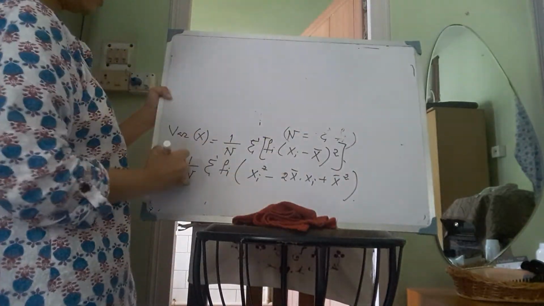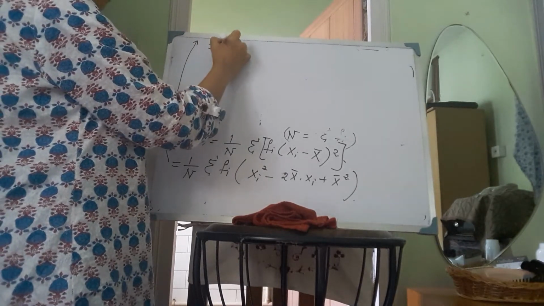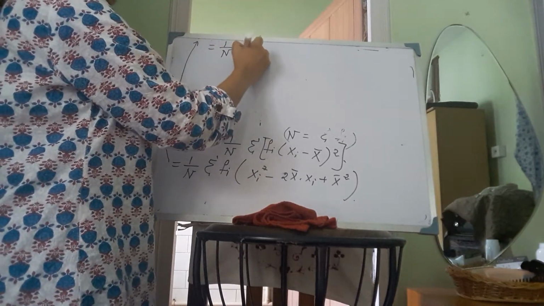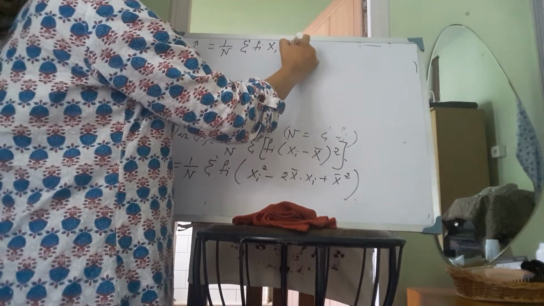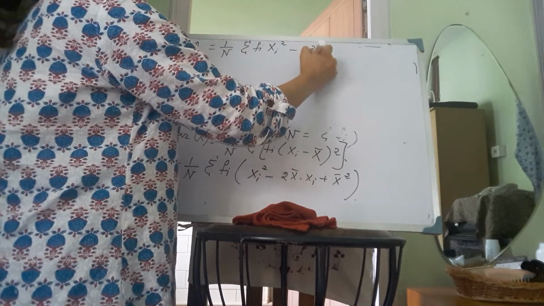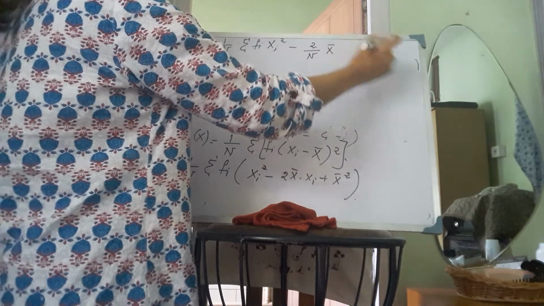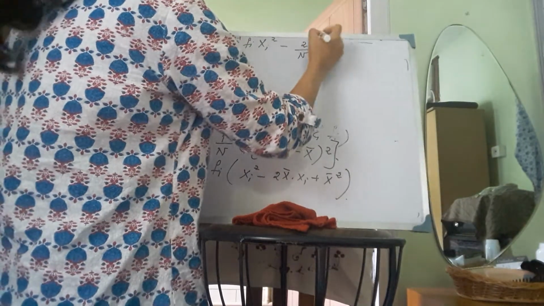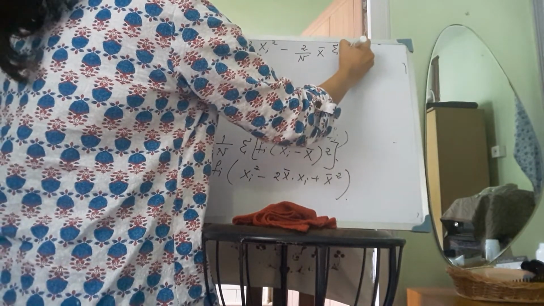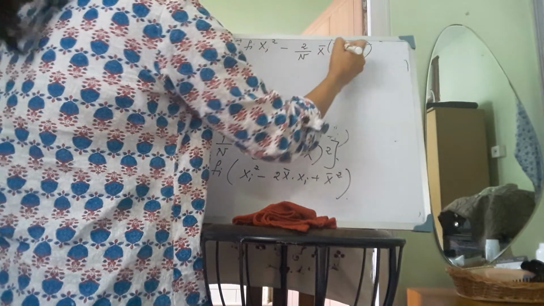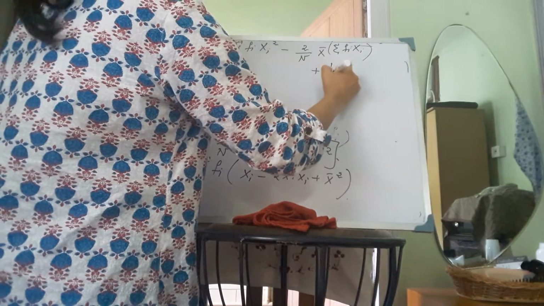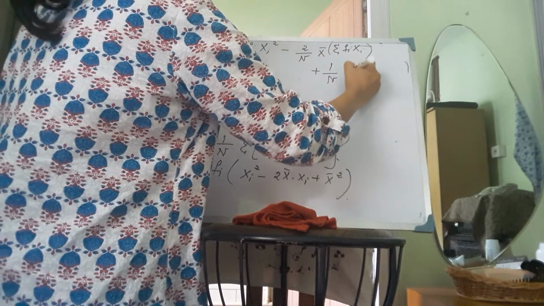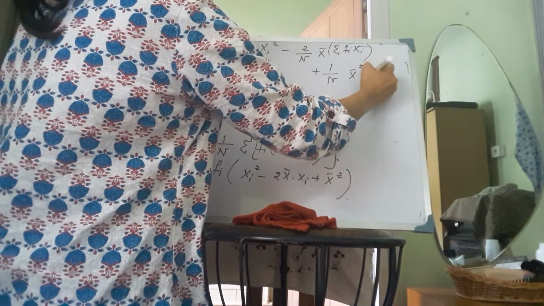With further simplification, we will get 1 by n summation of fi xi square, then minus 2 by n x bar summation of fi xi, and then for the third term we will get 1 by n x bar square summation of fi.